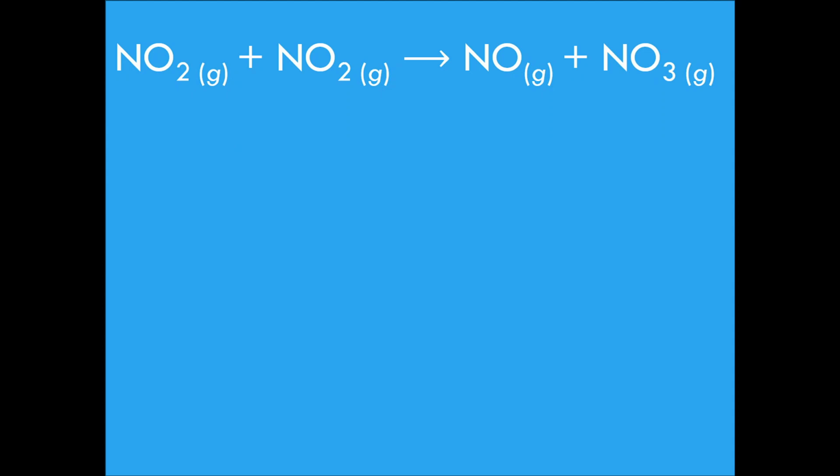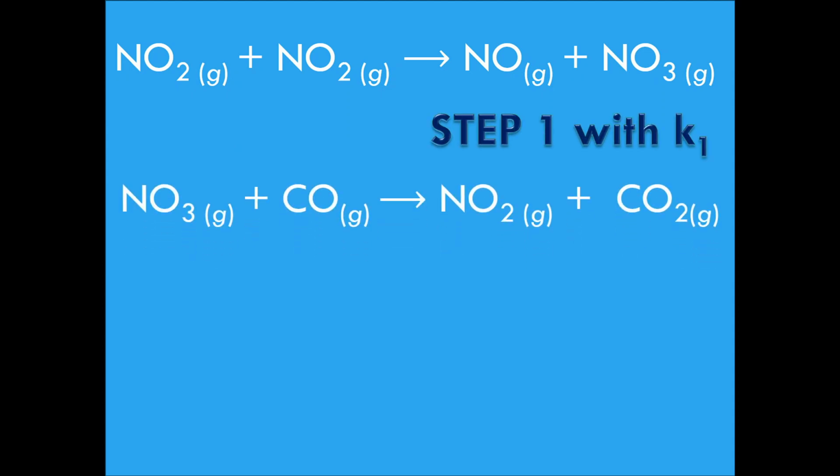But now NO3 is going to react with the CO. I'm going to go back to NO2, and now I've got a CO2. Each one of these has its own reaction rate. Now, first thing I need to make sure is that when I write a two-step reaction, the overall reaction is correct.